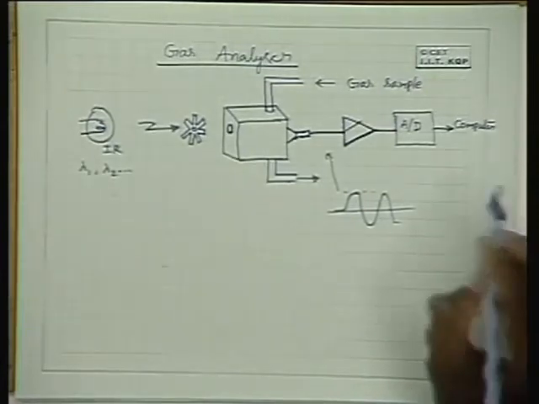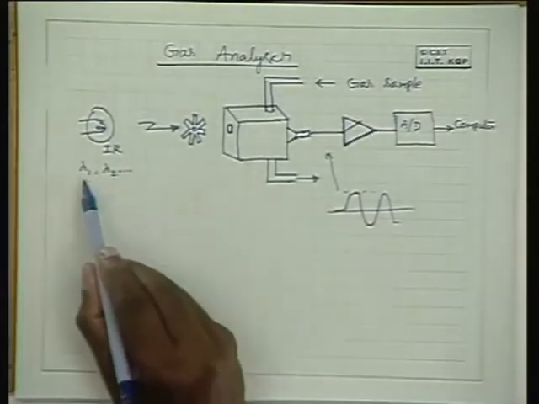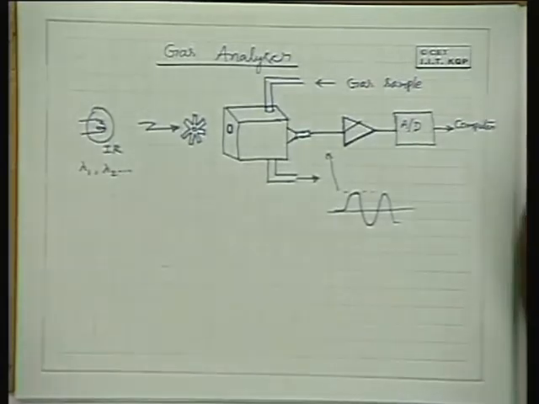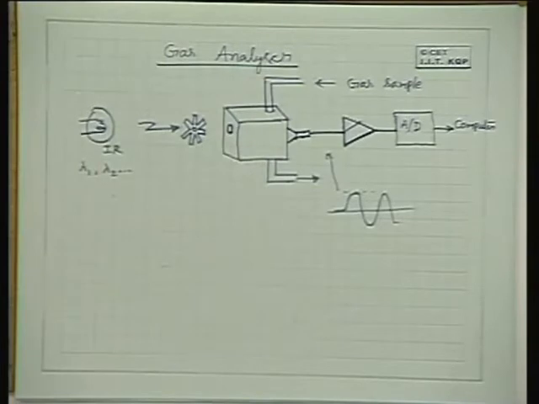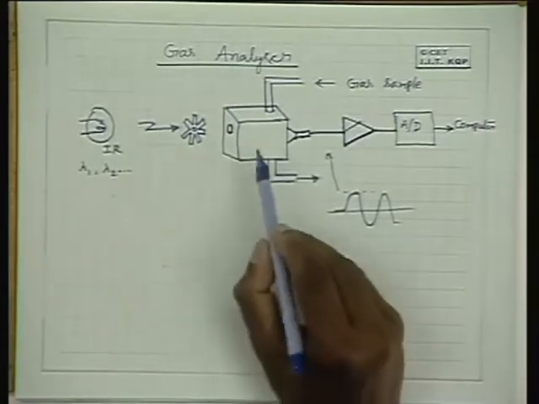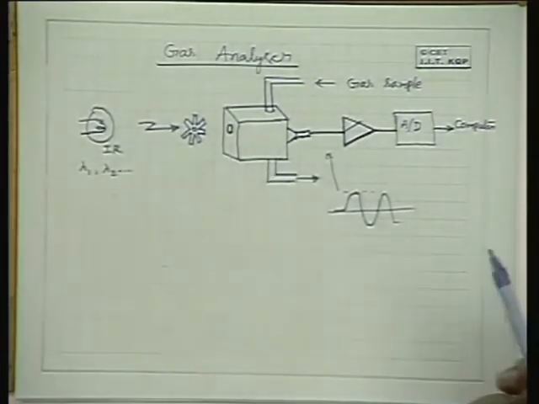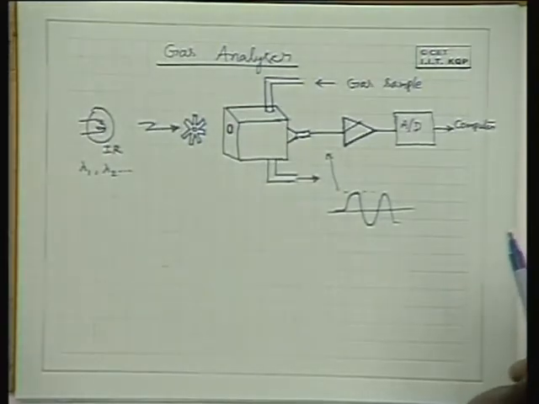Now, once you have these numbers corresponding to these wavelengths, you have a table lookup, and decide what kind of material is inside the gas. So, this is a typical gas analyzer.